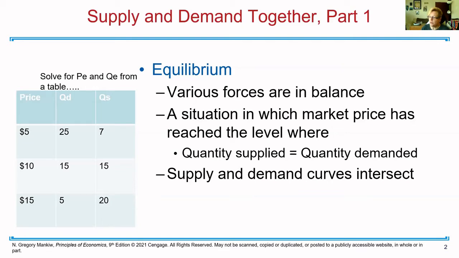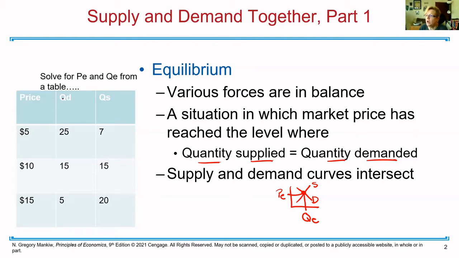So equilibrium is basically where the quantity supplied is equal to the quantity demanded. In a graph, it's where the two intersect. So if this is a demand curve, this is a supply curve, we can see that price equilibrium would be right here and quantity equilibrium would be right here. We're going to look at that again in just a moment.